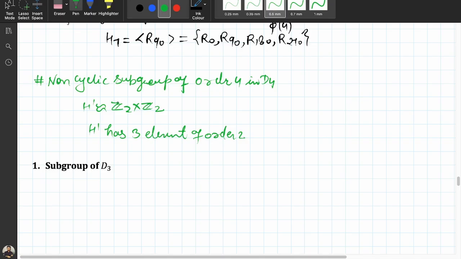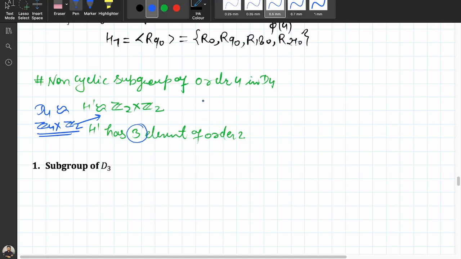Now how, see, I can take D4 is equivalent to this, basically it is of order 8. Okay, D4 is equivalent to Z4 and Z2, and this is a subgroup of this, from where I can take 3 elements here, and simply I can take it from here, that is H1.